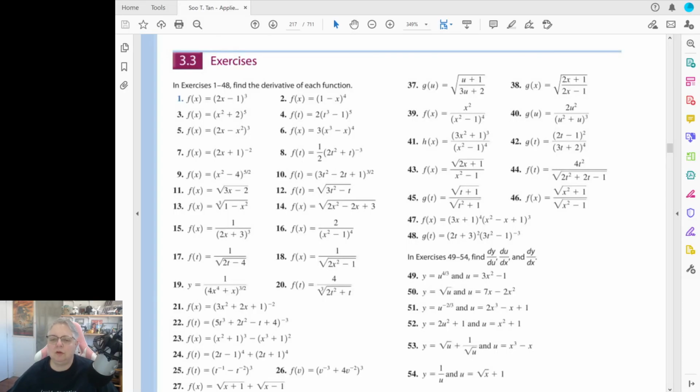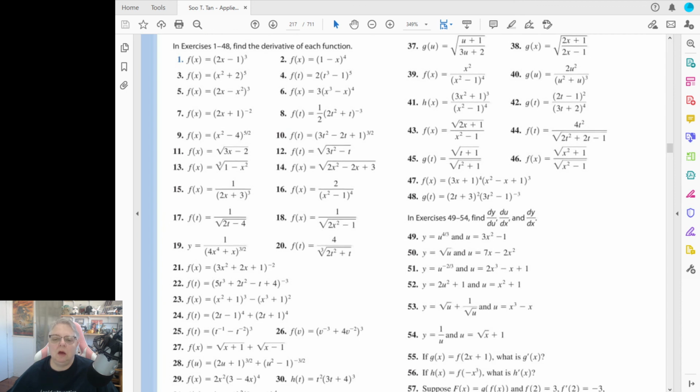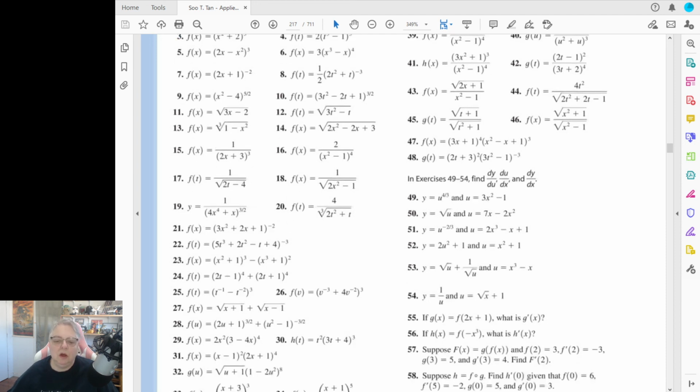And just real quick, to show you what the homework assignment looks like, you can see the first few problems, all up through 14, are all straight up general power rule problems. 15 through 20 are also general power rule problems, but you have to do a little bit of algebra first to get them into the right form.